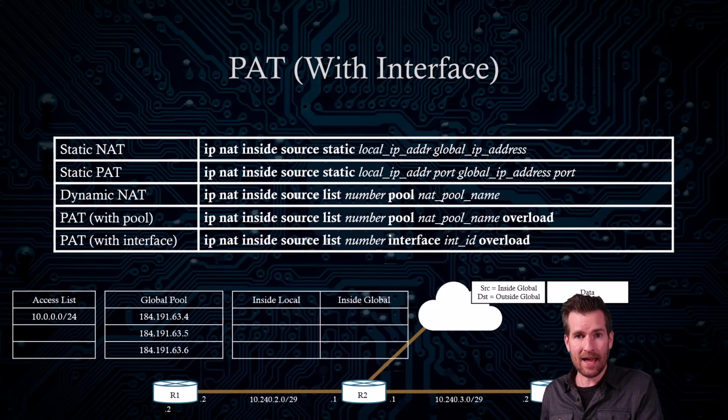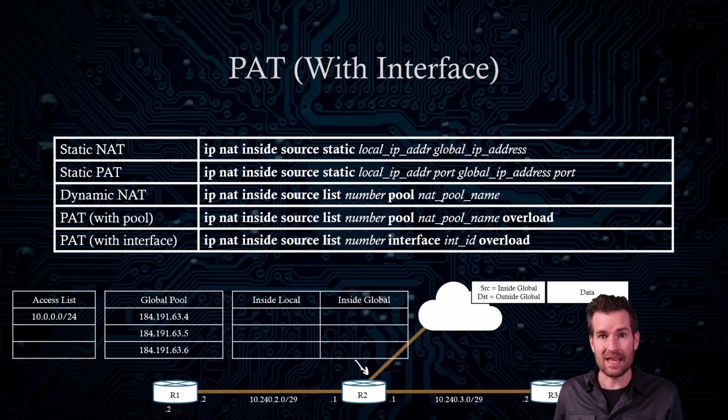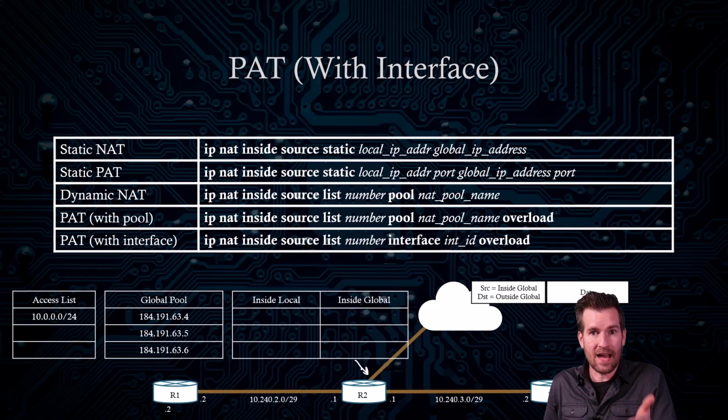And that IP address is what all the translation is going to use, but it's also going to be the interface on that router. So whatever IP address is assigned to this interface becomes the port address translation IP address as well.